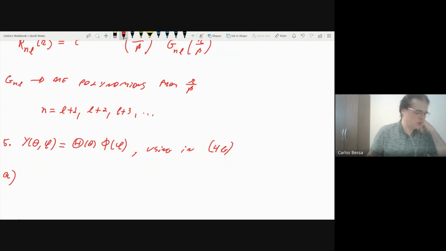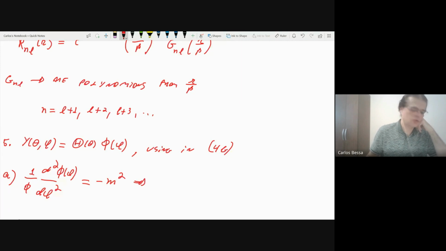We'll have one equation for phi: 1 over Phi, d squared Phi over d phi squared, is equal to, these signs are also for convention, minus m squared.